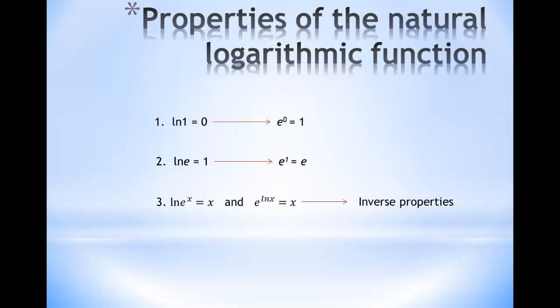Remember, if f and g are inverses, f of g of x is equal to x, and g of f of x is equal to x. This is the one-to-one property: if ln of x is equal to ln of y, then x is equal to y.